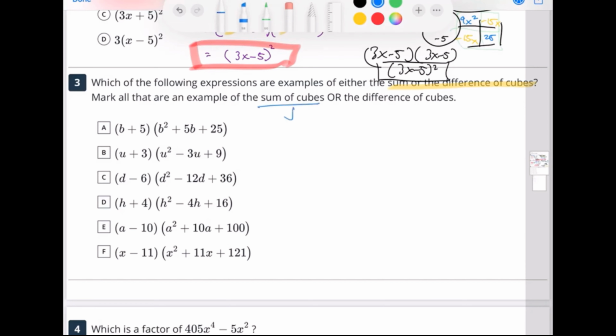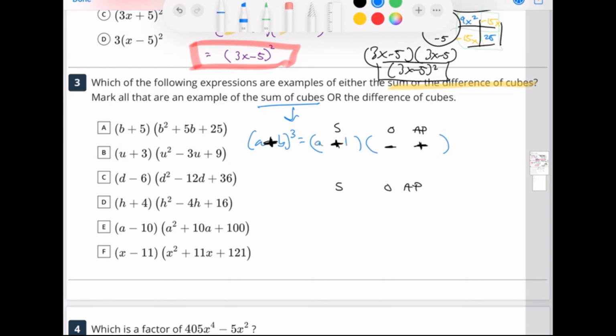The sum of cubes is just a plus b cubed, and this is where I'm going to write out my SOAP. Okay, and then I'm going to highlight this symbol so you can see it. S stands for same, O for opposite of positive, which is negative, and AP, which is always positive. And that SOAP actually applies to the other one as well, so let's just fill that out.